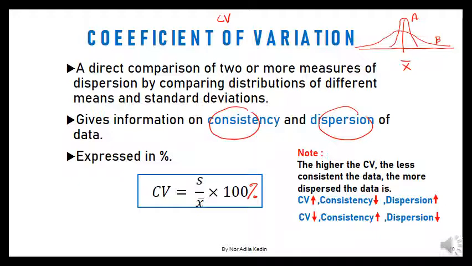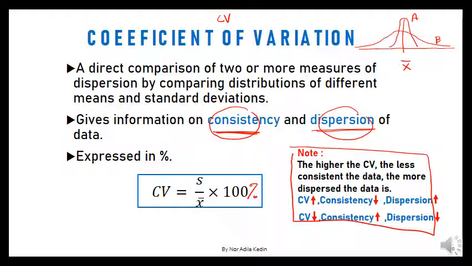So, setiap kali soalan tanya pasal consistency, dia tanya awak which one is more consistent, which one is less consistent, ataupun dia tanya awak which distribution is more dispersed, which distribution is less dispersed, terus pakai CV. Please keep in mind, every time question asks you about consistency or dispersion between two or more distribution, please use CV.